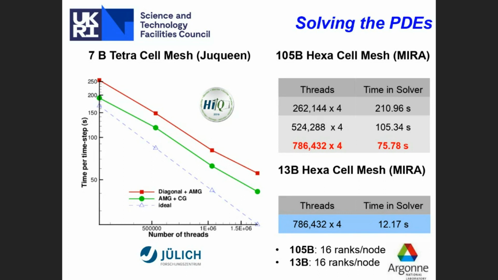So the solver scales very well. And for 4 times 8,000, that is about 3 million, which is the highest number of MPI tasks or cores that the code has been tested on. And that was already a few years back.